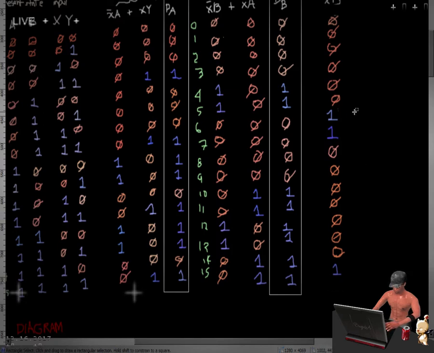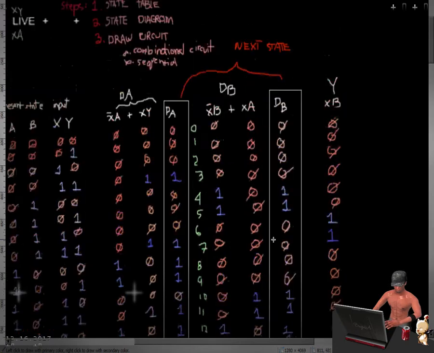So basically 0, 1, 2, 3, 4, 5, 6, 7, 8, 9, 10, 11, 12, 13, 14, 15. It's a little compressed, but it's supposed to be a 1. Bingo.